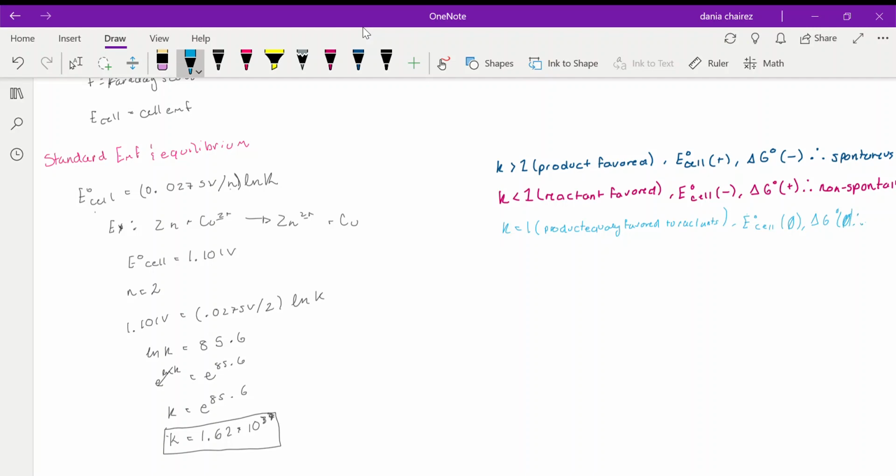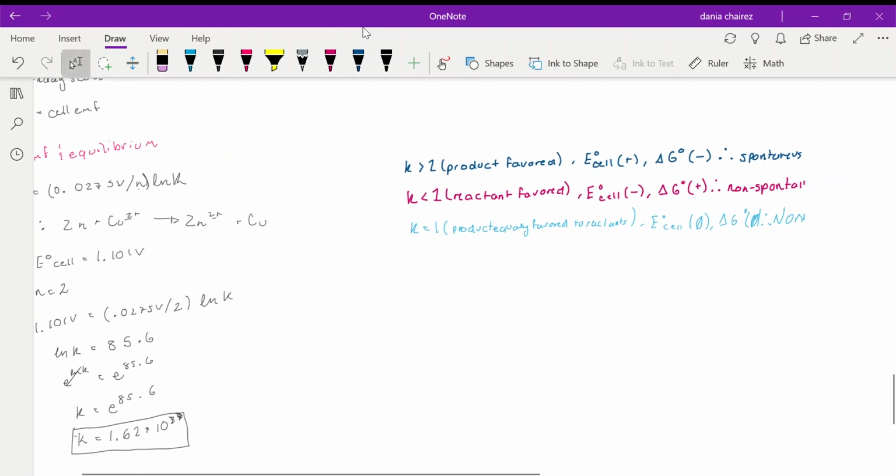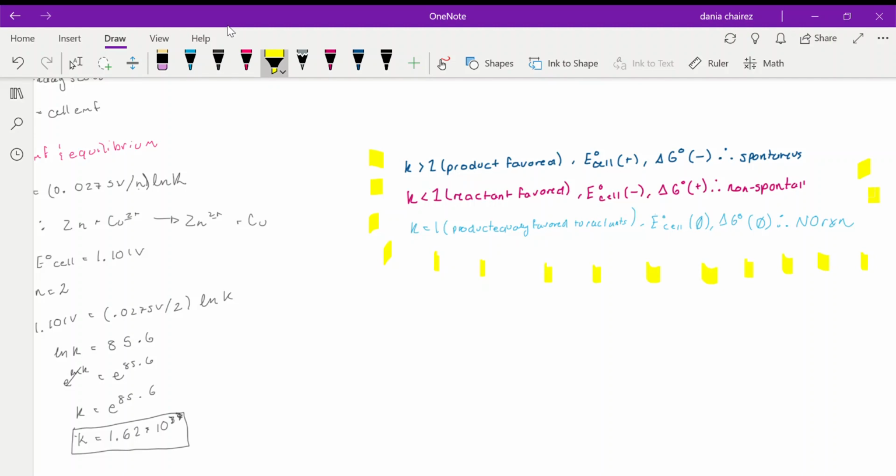Therefore, there's no reaction. No, let me write that down better. So then our delta G naught is 0, and therefore there's no reaction happening. And those are our relationship standards between K, G naught, and E naught.